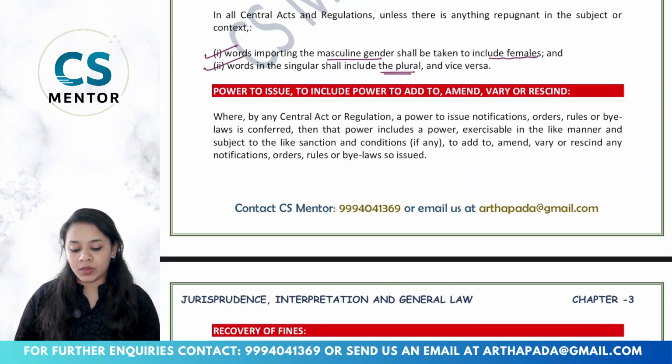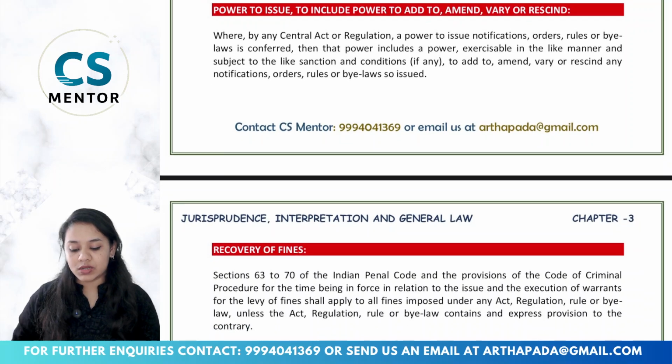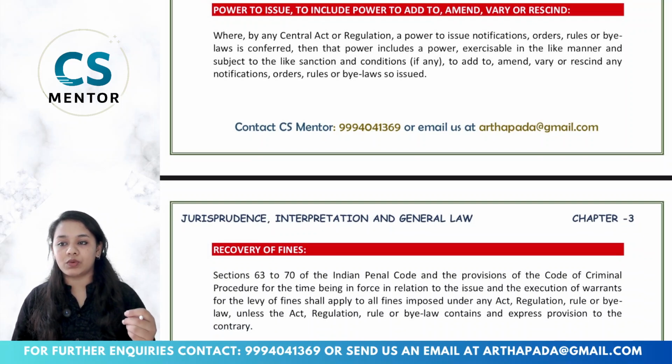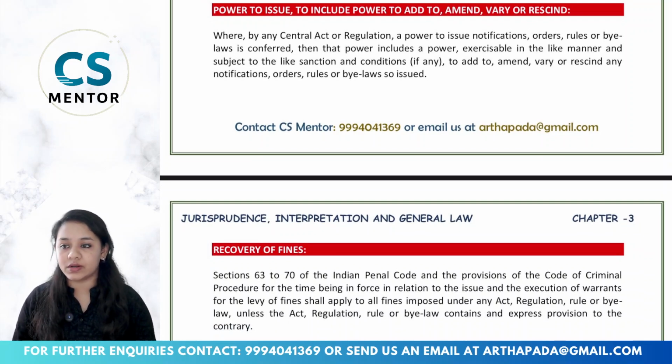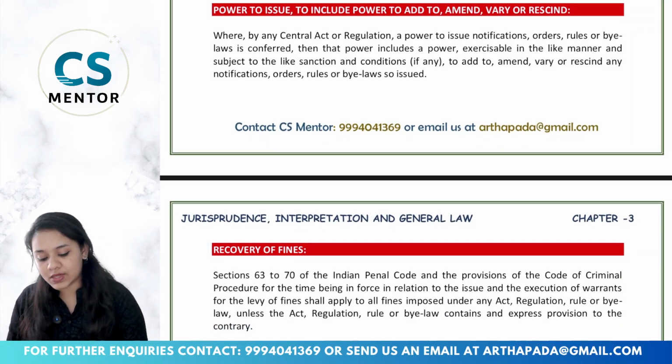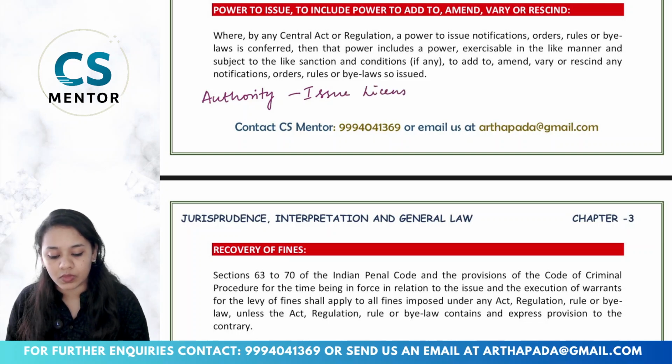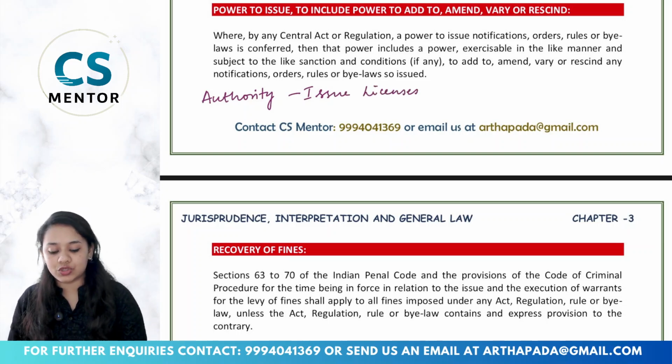All right. Now, friends, we're coming to the next topic, that is the power to issue, to include the power to add, amend, vary, or rescind. Let's say, for example, some kind of an authority has been given the power to issue licenses, let's say for trading of gold.